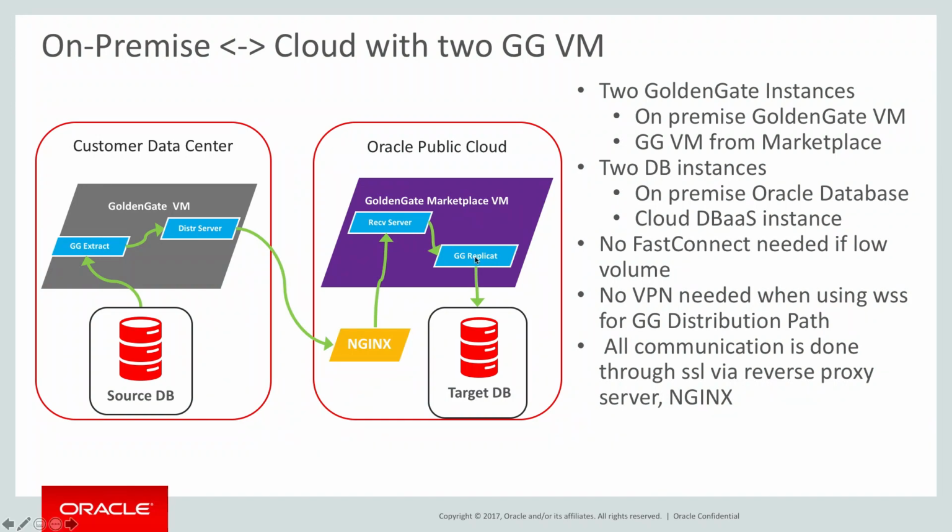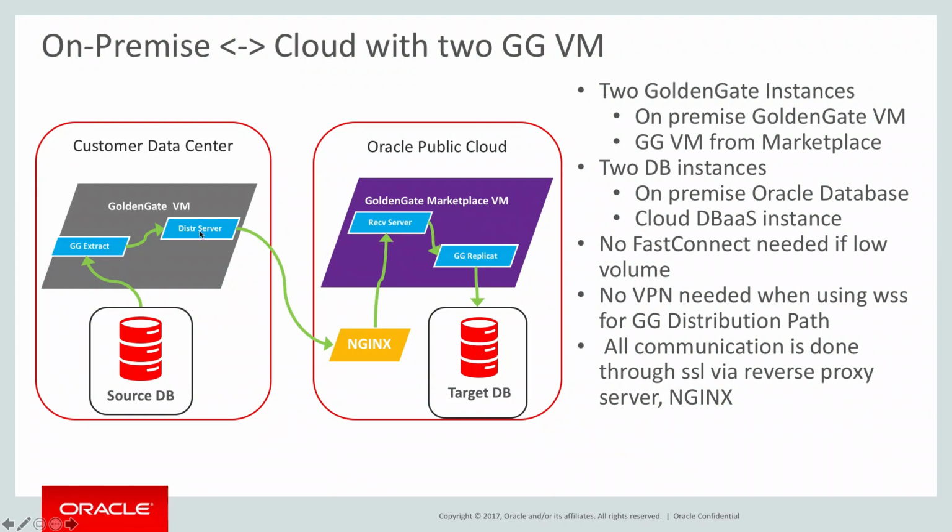And the second is we also need to make sure there is a user created in the administration server in the GoldenGate microservice in your cloud. Using that user ID and password, it can log in to the receiver server.